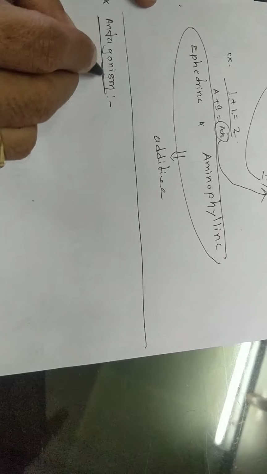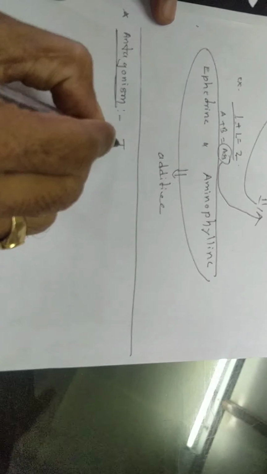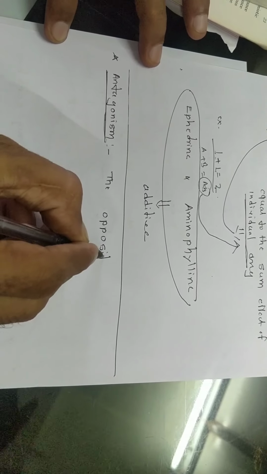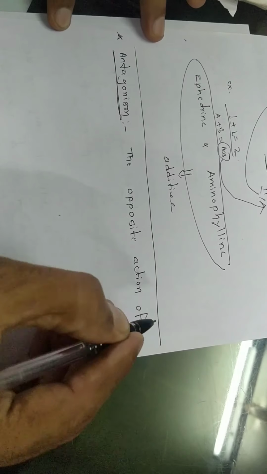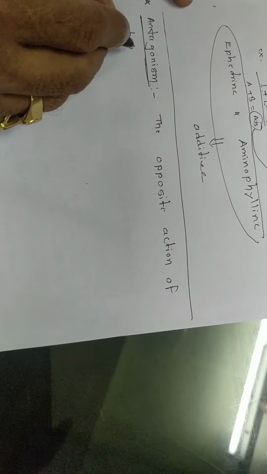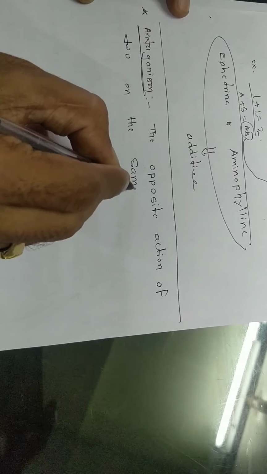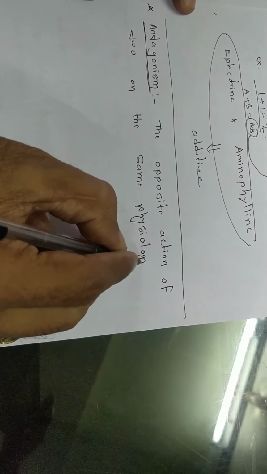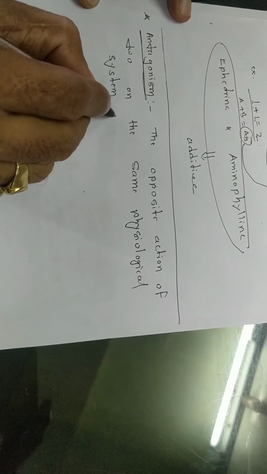See, now the next factor is antagonism. Antagonism is the opposite action of two drugs on the same physiological system.